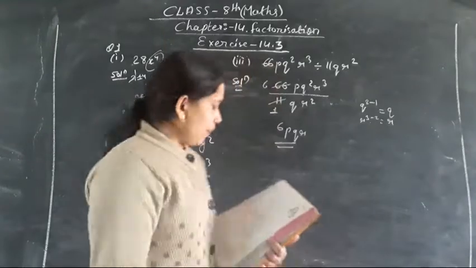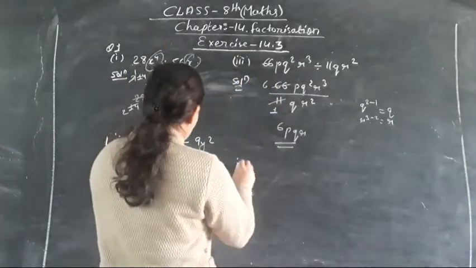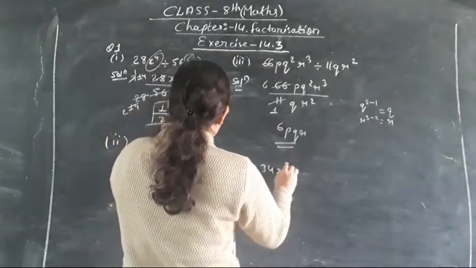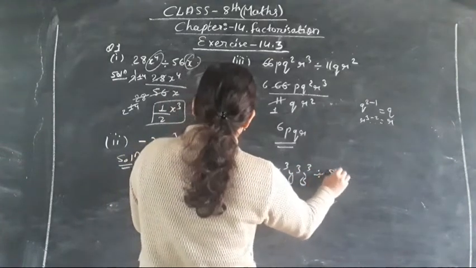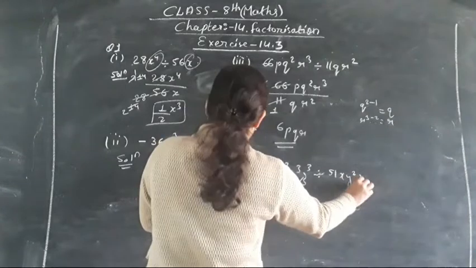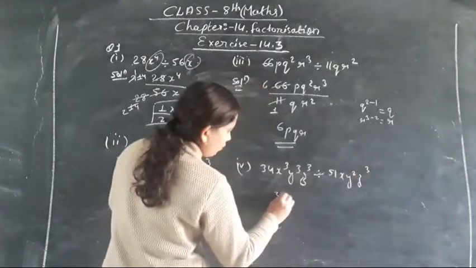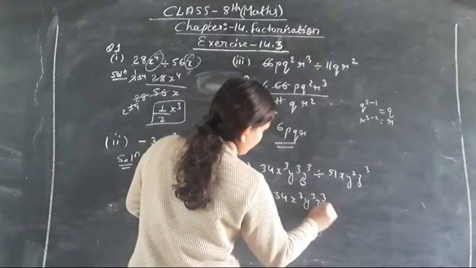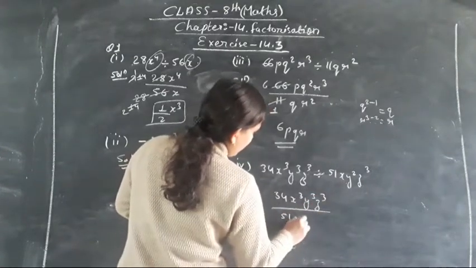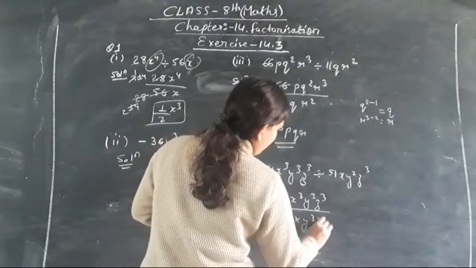Moving toward the fourth part of the question, here we are having 34x cube y cube z cube divided by 51xy cube z cube.